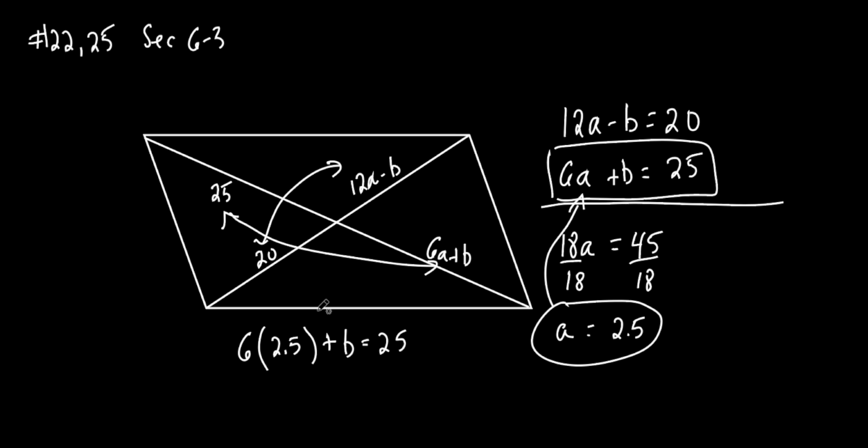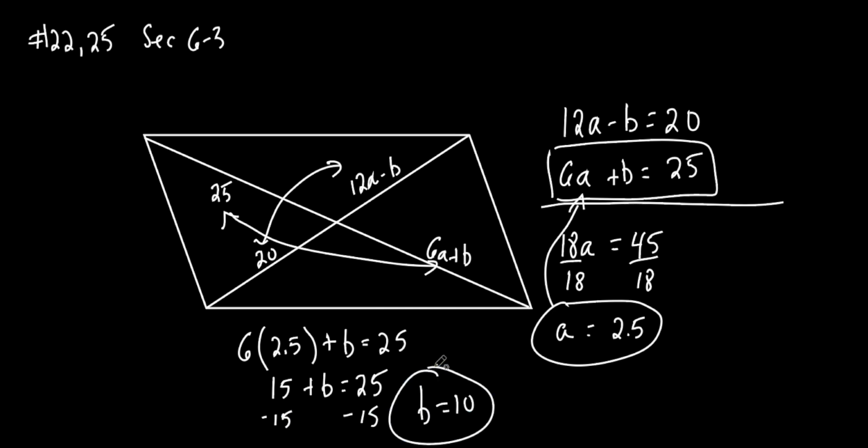I didn't show my work when I did this. It's 15. Because 2 times 6 is 12, and half of 6 is 3. 12 and 3 is 15. That's how I do it in my head. Plus b equals 25. But if you wanted to use a calculator, you could. Now, it's super easy. Minus 15, minus 15. b is 10. And there you go.